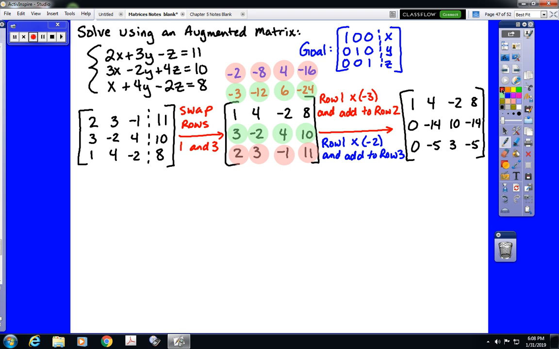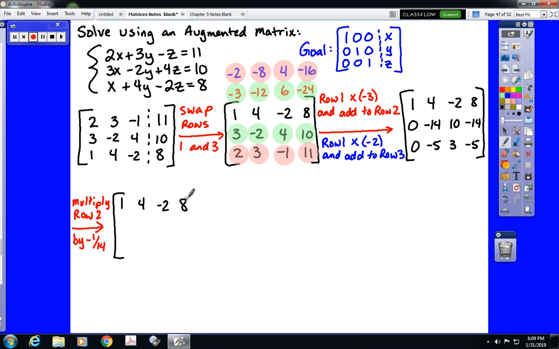Okay? Now I'm going to wrap around to the next row, and I'm going to multiply row 2 by negative 1 over 14 to get a 1 right here. That's the goal, is to get the 1 in that row, then the zeros. So the first row is unaffected by this, so 1, 4, negative 2, 8.